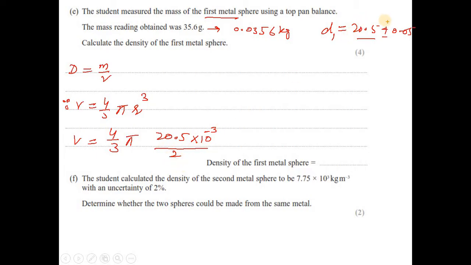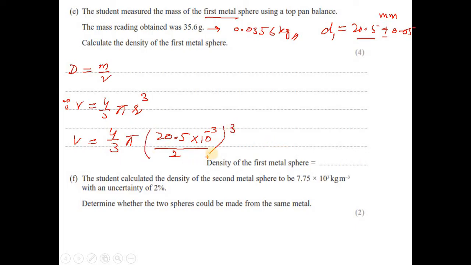Remember, this diameter is in millimeters, and we are doing the calculation in the SI system, so you need to convert millimeters to meters. It is better to convert in the first step. Otherwise, when you take a higher power like cube, students sometimes get confused. So it's 20.5 times 10 to the power minus 3, now in meters, divided by 2. It is the radius, whole cubed.